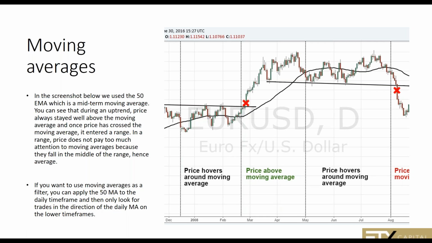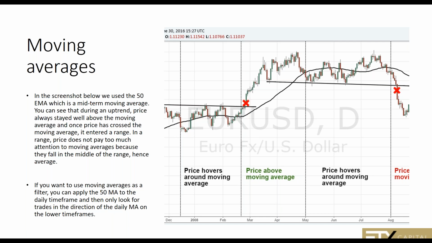But a moving average simply takes the noise out of the markets and lets you see what the overall trend of the market is. So in the screenshot on the right, we use the 50 EMA, which is a midterm moving average. You can see that during an uptrend, prices stayed well above the moving average. And once prices crossed the moving average, it entered a range.